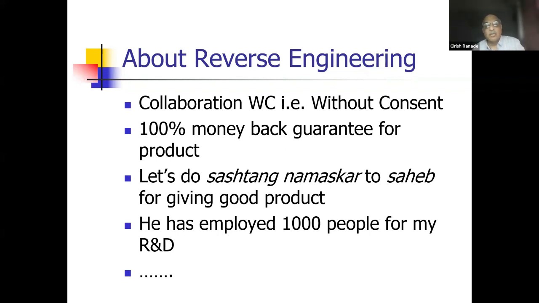Then the second part, which I have already told, is that you immediately say there is a 100% money back guarantee for the product. So the customer trusts you: if he is getting 100% money back if it doesn't work, then it's worth trying it at least. Then one of my gurus' phrases, a few people may not like it: let's do Sashtang Namaskar to Sahib for giving a good product.